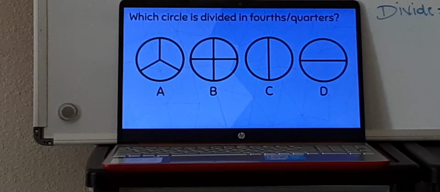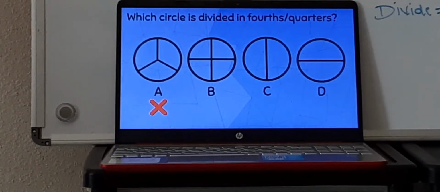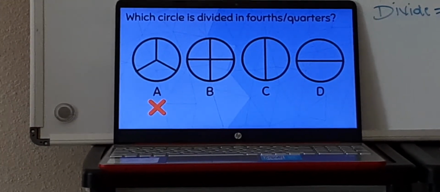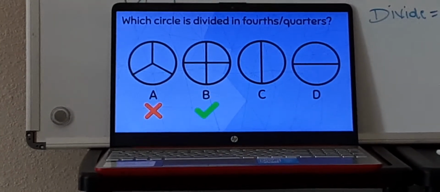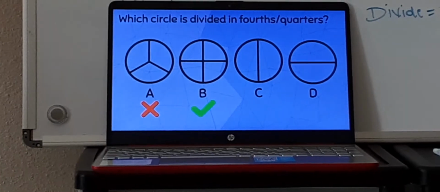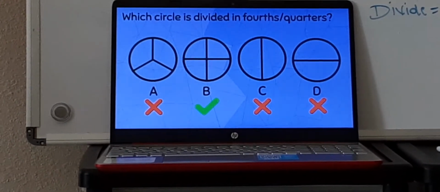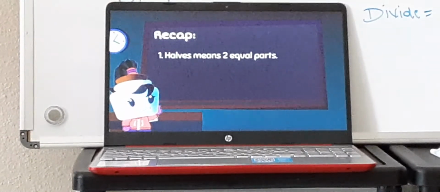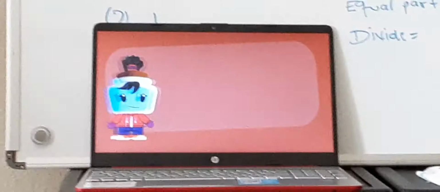Circle A is divided into 3 parts, so that's a no. Circle B is divided into 4 parts that are all equal, so this is correct. The other 2 circles are divided in 2 equal parts, so they're actually divided in halves. Again, halves mean 2 equal parts, while fourths or quarters mean 4 equal parts.